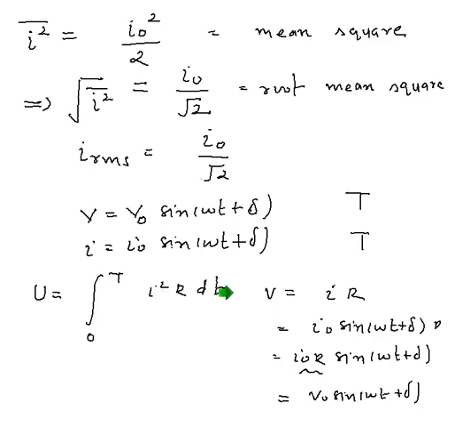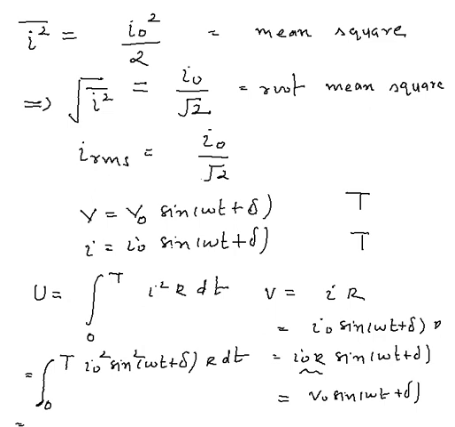And for this discussion, I think we won't even need the voltage, by the way. So this is integral 0 to t, I naught square sine square omega t plus delta R dt. Please find this integral and see how much you get. In fact, we don't even have to calculate the integral.